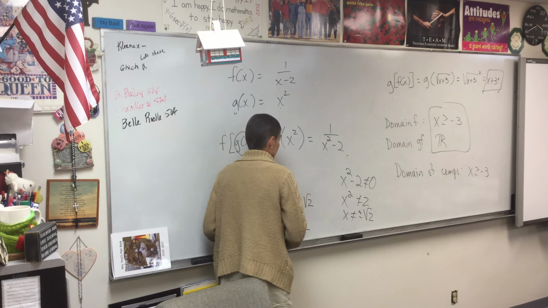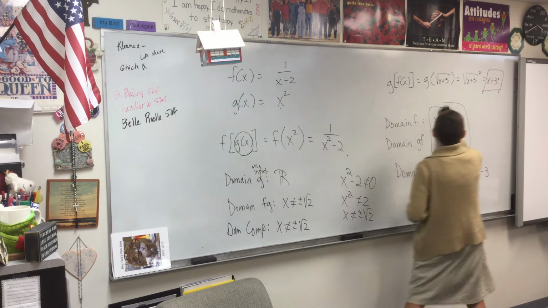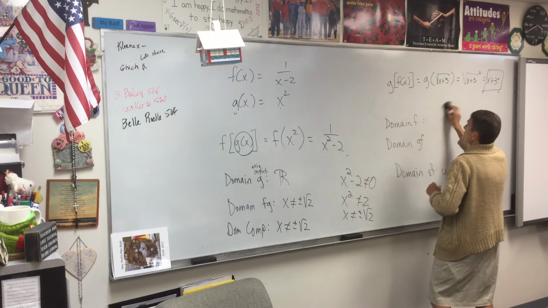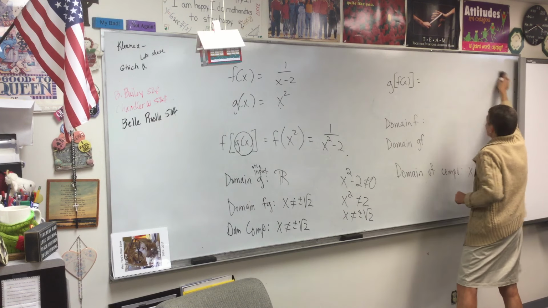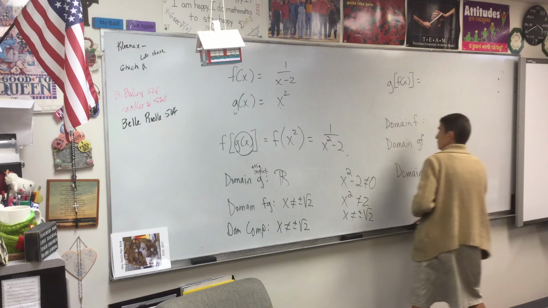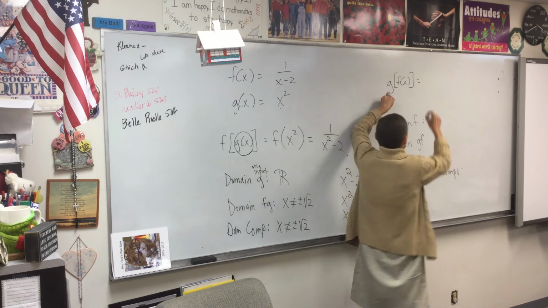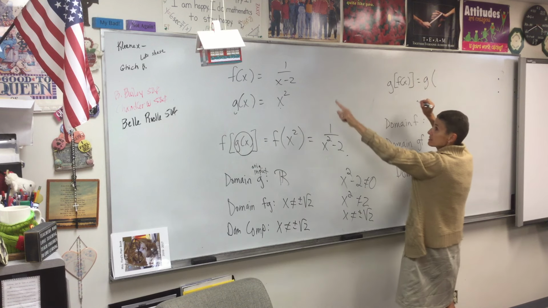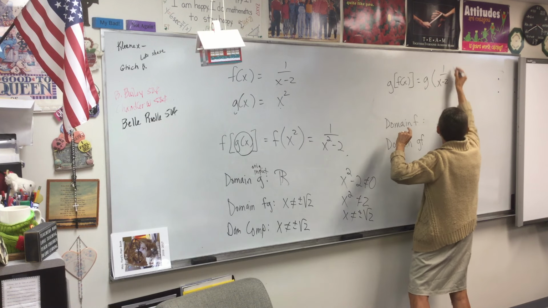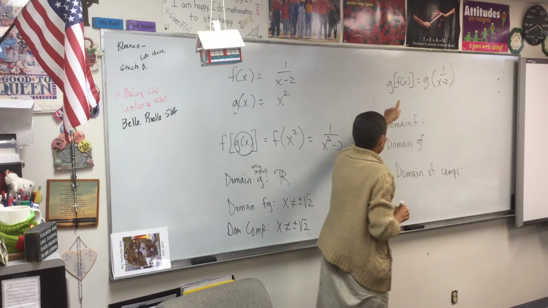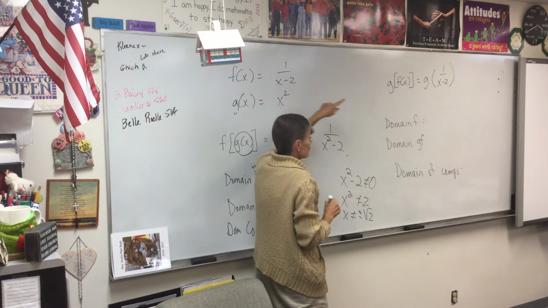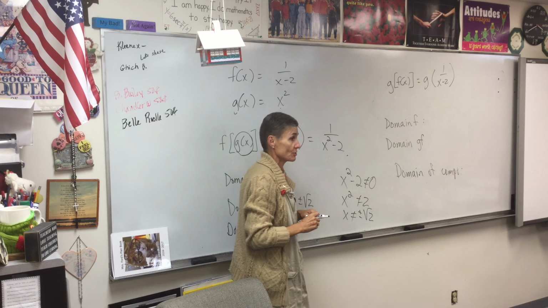All right, one more. We're going to do the same thing now, but we're going in the opposite direction. All right, so we're going to do g of f of x. So f of x is 1 over x minus 2. That's what f of x is in this case.